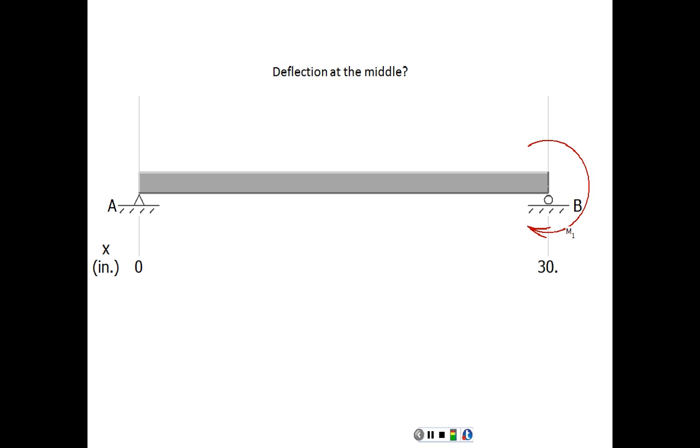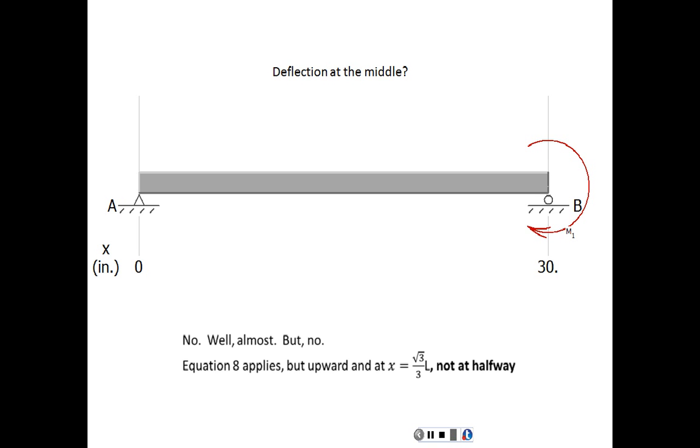That's really exaggerated. The maximum deflection is not at the middle. It's closer to the applied moment, and it is in fact at root 3 over 3, so just on this side of the center. So no, you cannot get the deflection at the middle. You can get the deflection at the maximum, but the maximum is not in the middle.